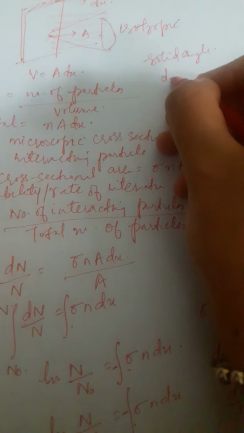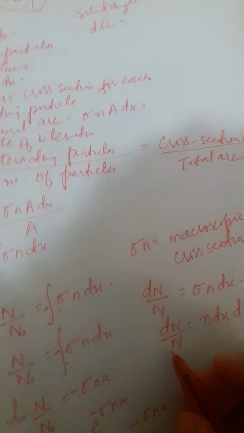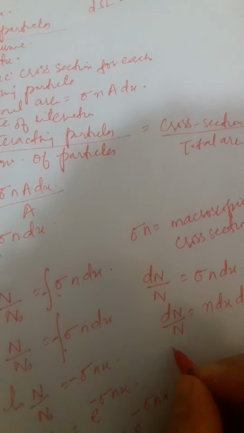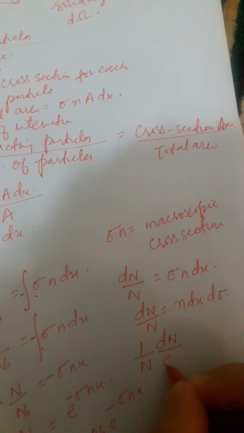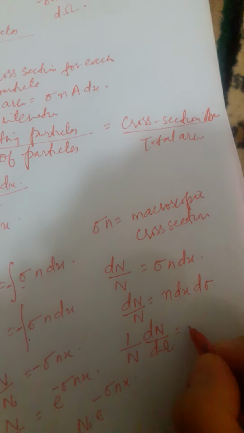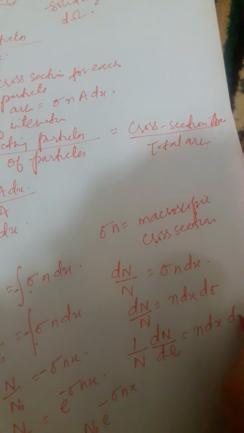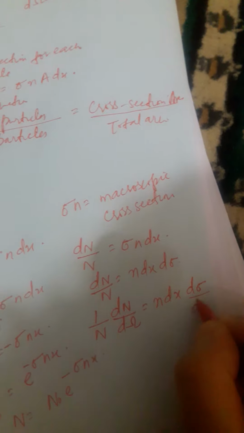Now we know that solid angle is represented by d omega. All of us know that it is measured in steradians. So we'll divide the expression on both sides by the solid angle. dn by d omega is equal to n dx d sigma by d omega.